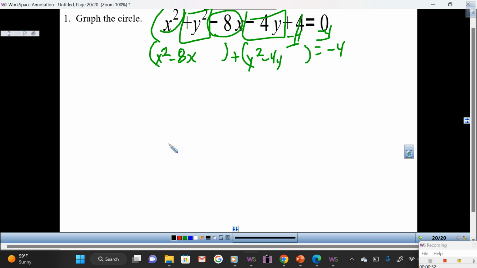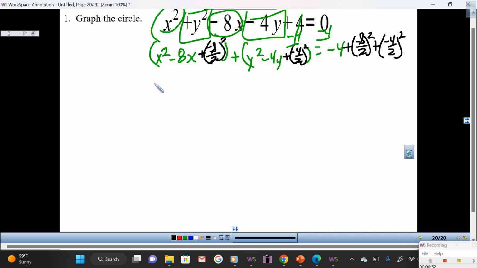Then we complete the square. Add negative 8 over 2 to each side, squared. And then here we add negative 4 over 2 squared to each side.